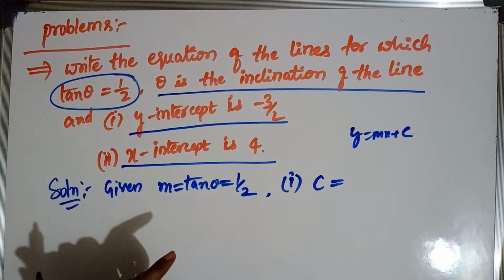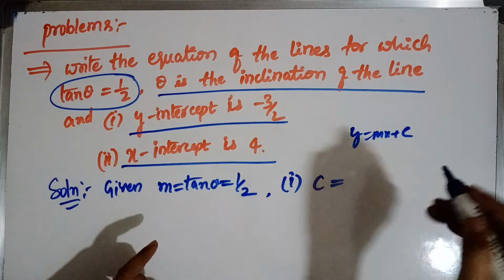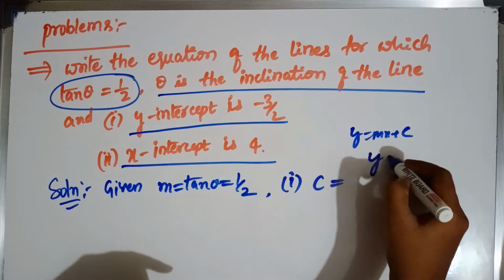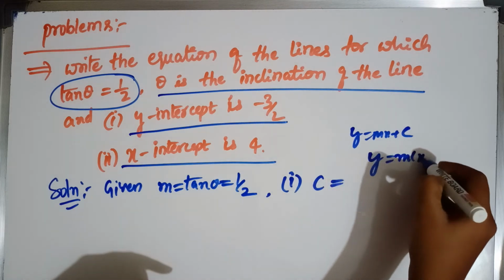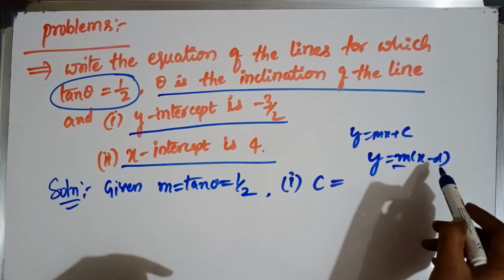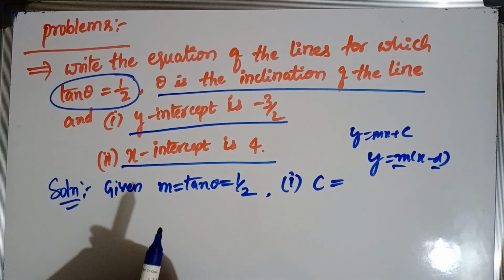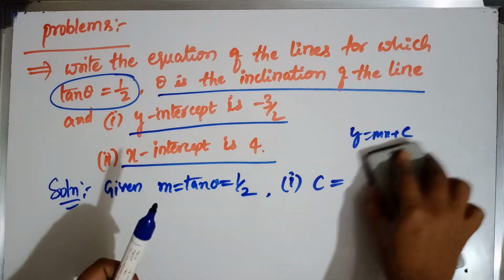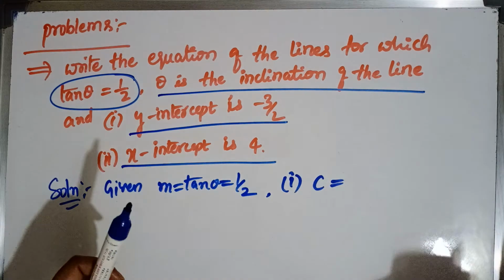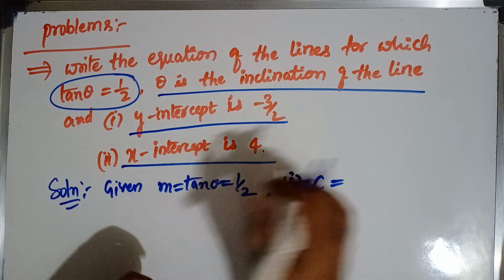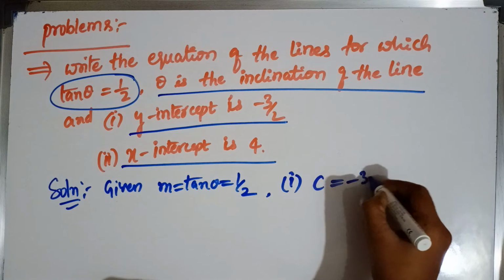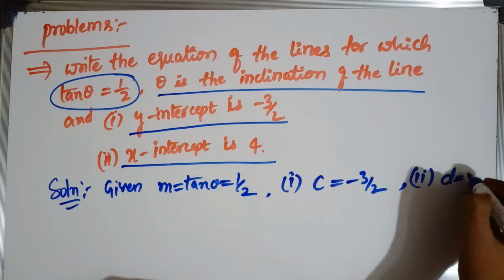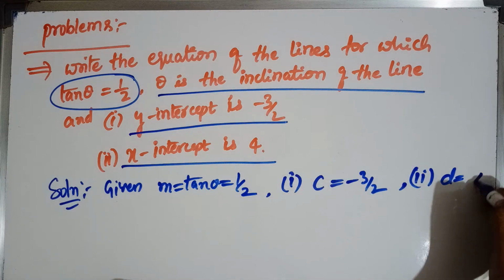When the x-intercept of the line is given, the equation will be y is equal to m into x minus d, where m is the slope of the line and d is the x-intercept. So in first case the y-intercept is given, c is equal to minus 3 by 2, and in second case we are given with d, the x-intercept, d is equal to 4.